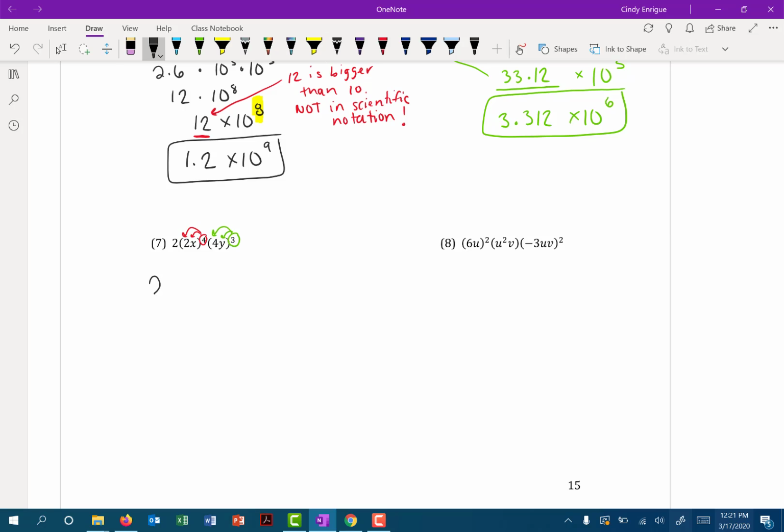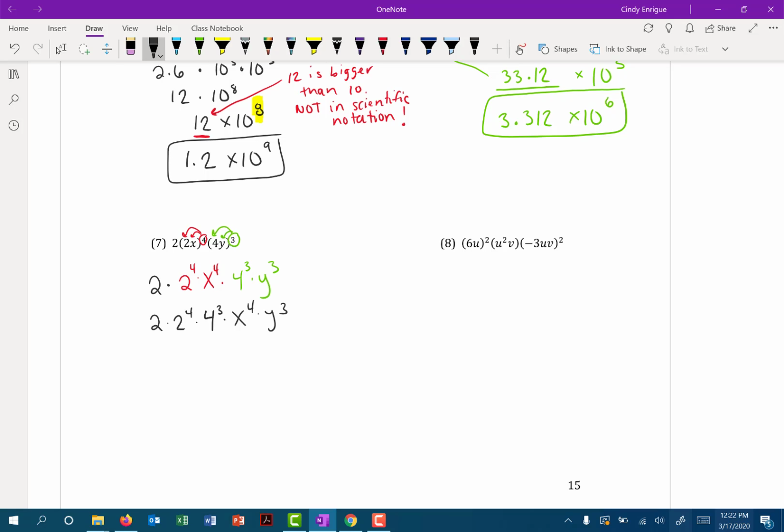So I really have 2 times, and over here I have 2 to the 4th power and x to the 4th power, and now I have 4 to the third power and y to the third power. So if I were to rearrange these, I have 2 times 2 to the fourth times 4 to the third power, x to the 4 and y to the 3.